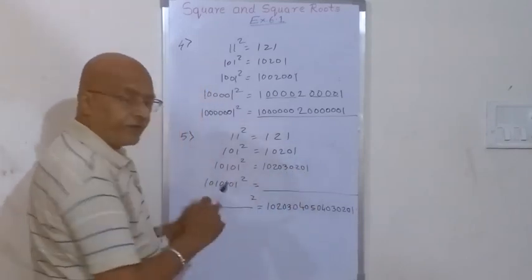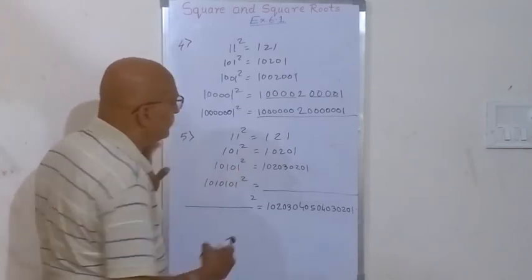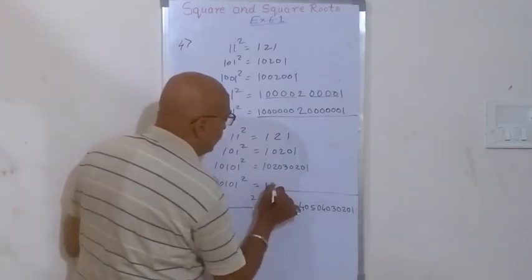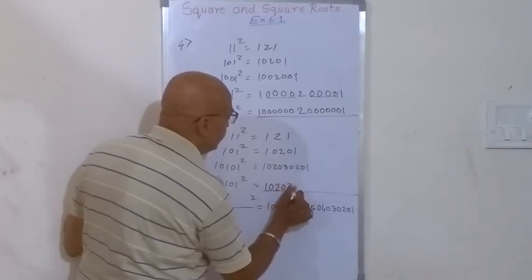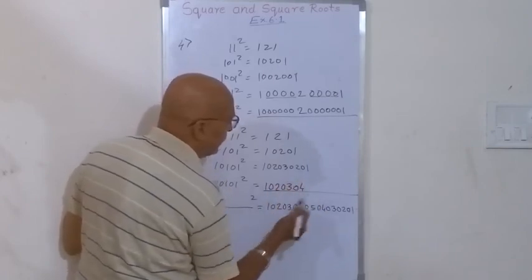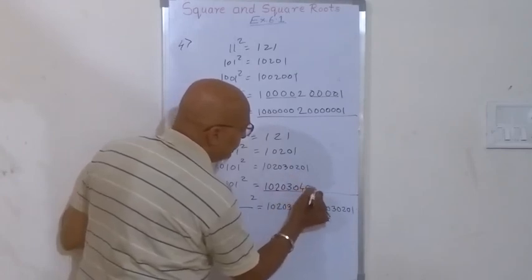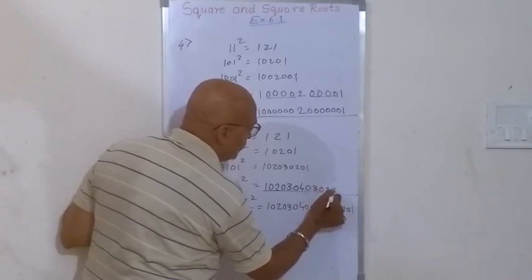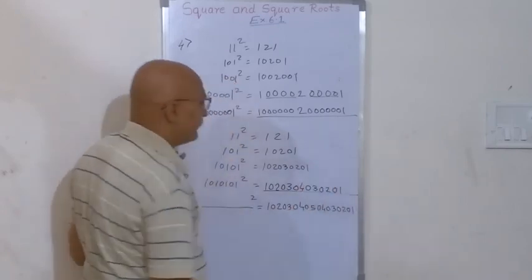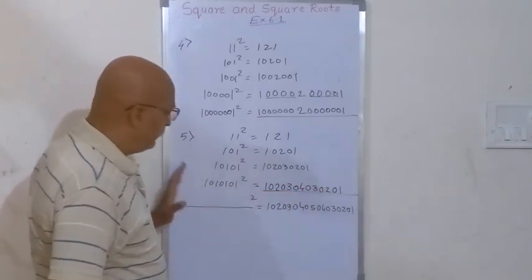Go and come back. So that way here 3 ones, here 4 ones. So what we'll do? 1 0 2 0 3 0 4. Now come back. So coming back it will be 0 3 0 2 0 1. Got clear? So this is the way.